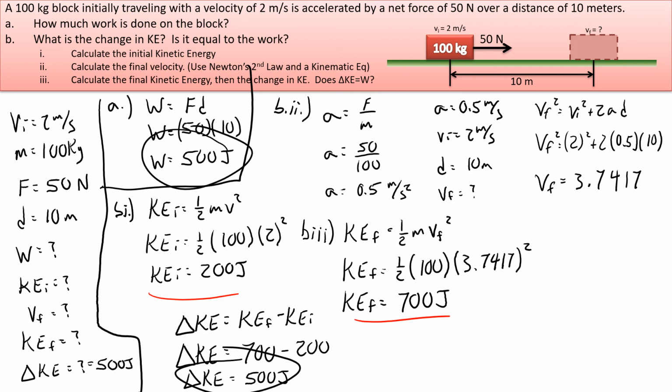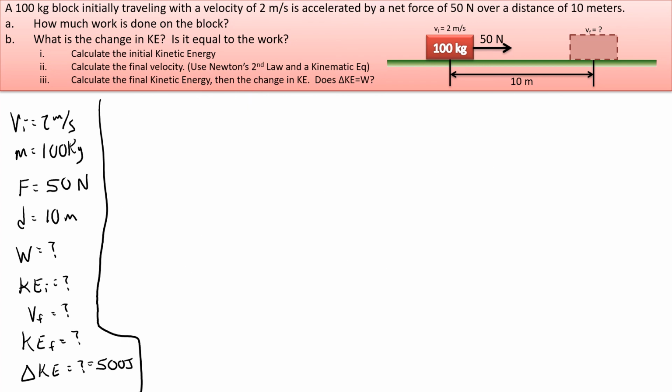So I'm going to erase this all now and show you how you could have done this problem in one step, in one equation, using the work-kinetic energy theorem. So if we know that the work is equal to the change in the kinetic energy, then the work is equal to the force times the distance. The change in the kinetic energy is just the final minus the initial.